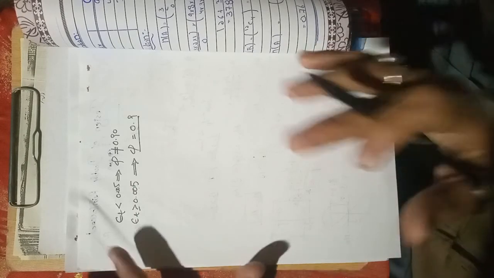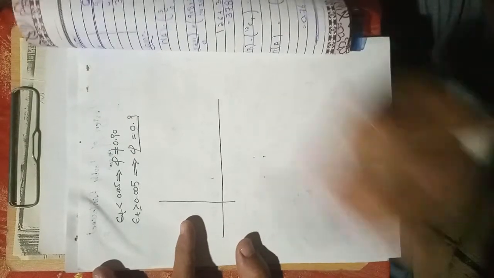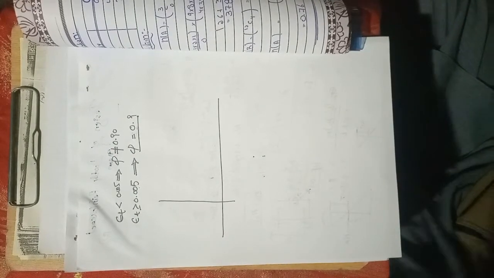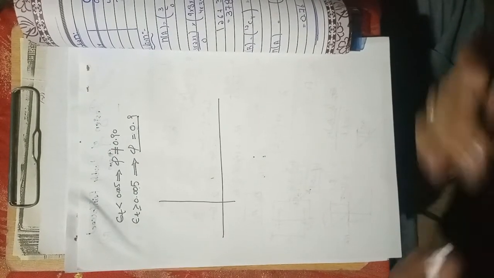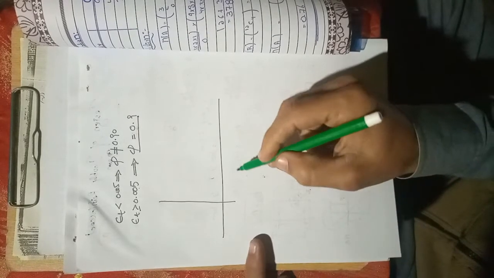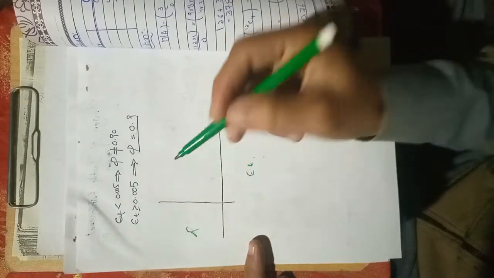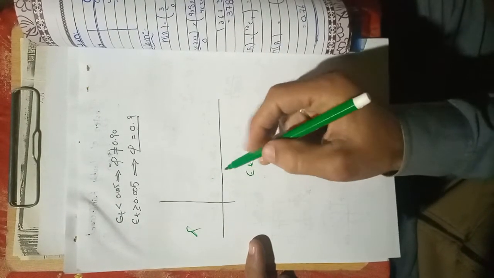So here I have mentioned some important information to share with you, which you people must understand. Remember, there is a relationship between the epsilon t value and the phi value, right?